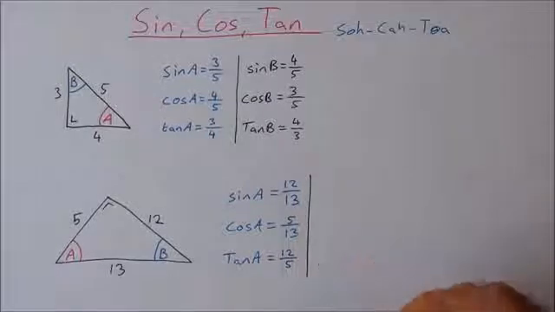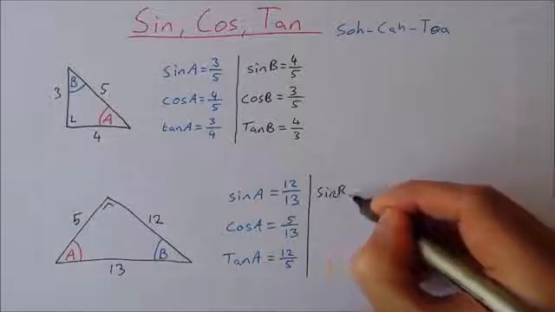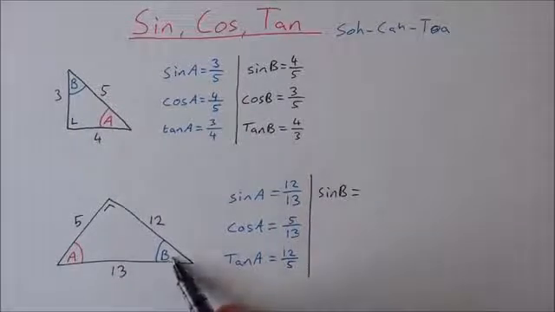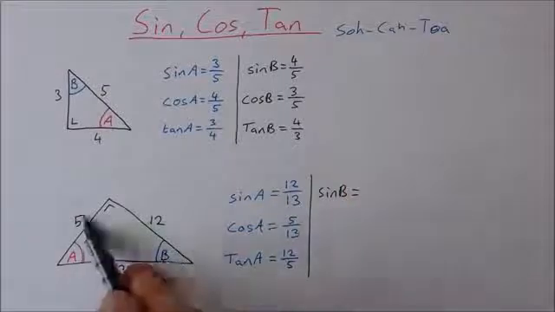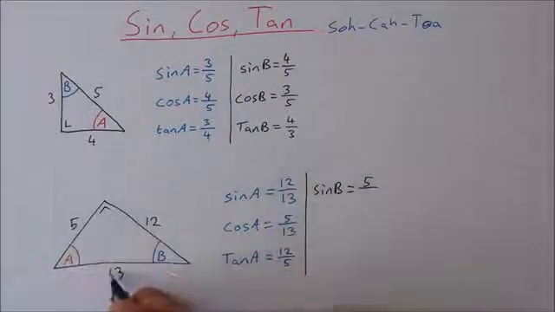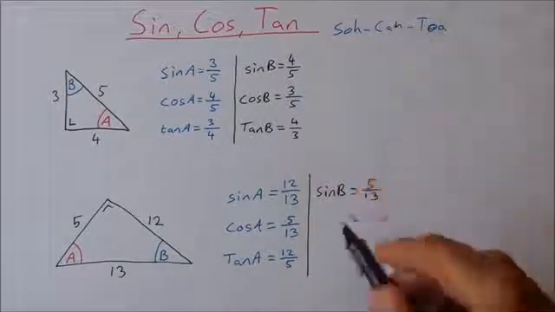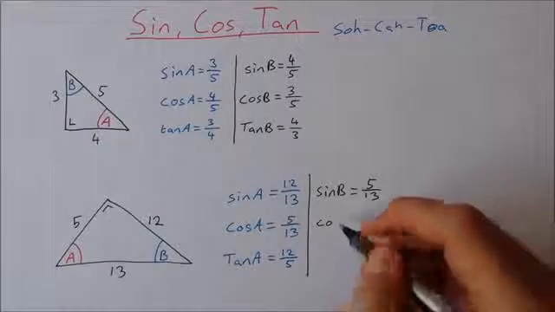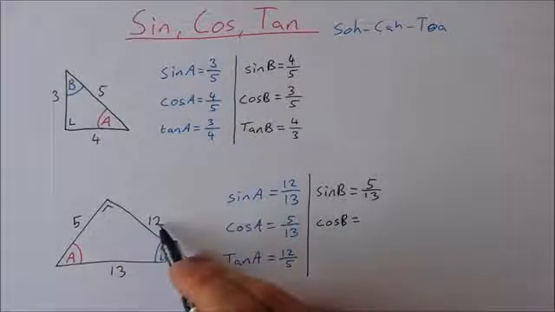Let's go for the sine, cos and tan of B. Sine B. This time we're looking at this angle. So it's opposite over hypotenuse. Opposite is 5. Hypotenuse is 13. Cos is adjacent over hypotenuse. Cos of B. Adjacent is 12.